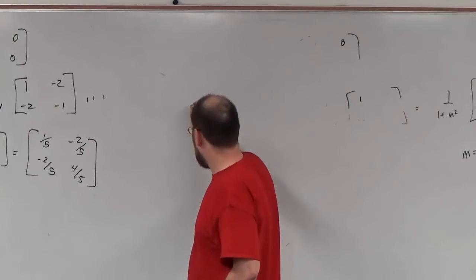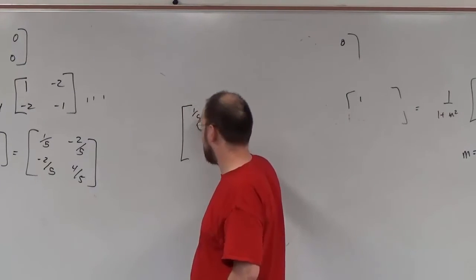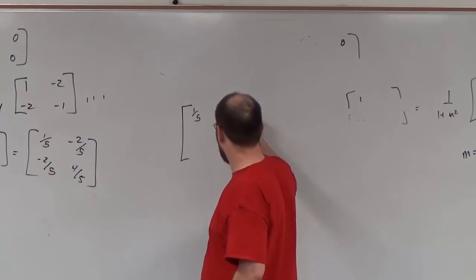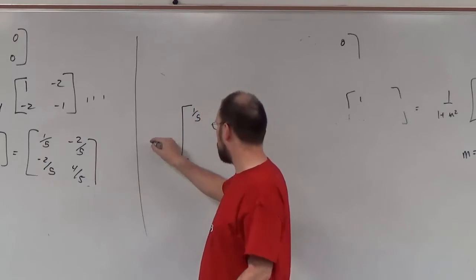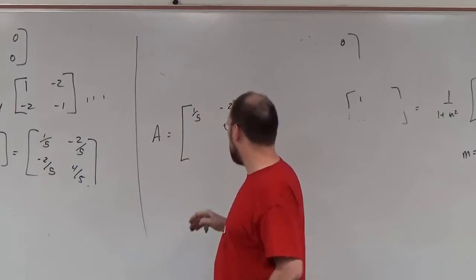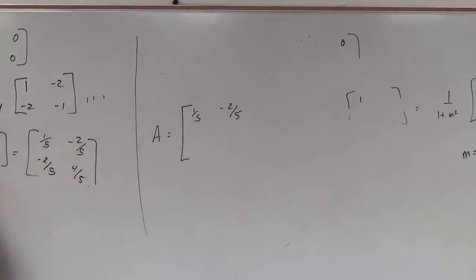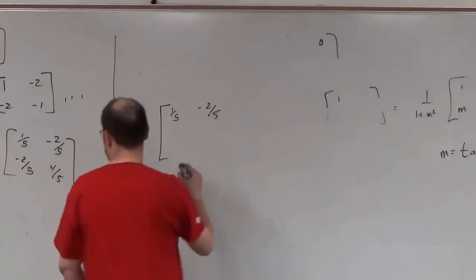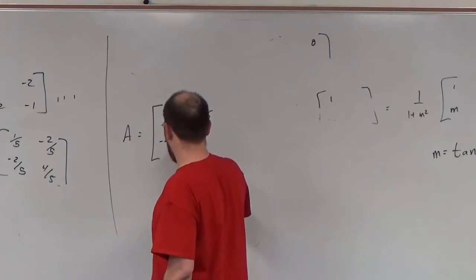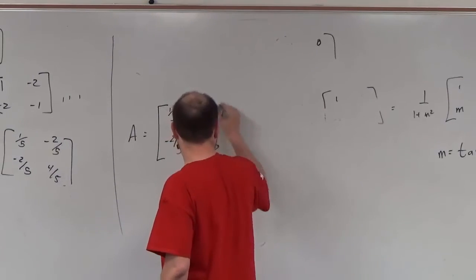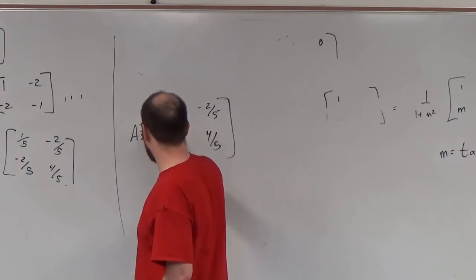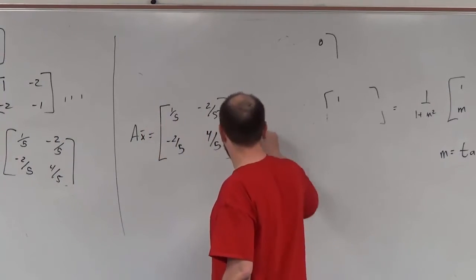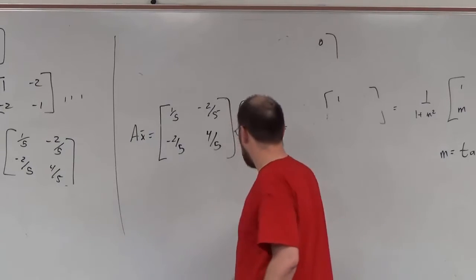Well, if you take any vector and multiply it, I'm just pretending it's a whole new problem: given this matrix, you're supposed to prove that it projects vectors onto this line. So this matrix multiplying any vector in R2, let's see what it gives you.